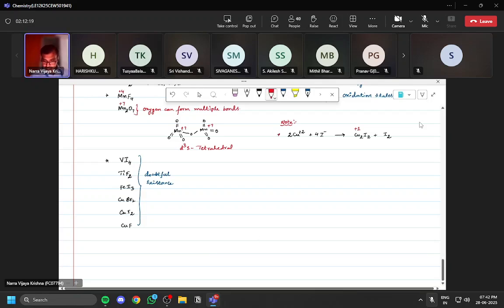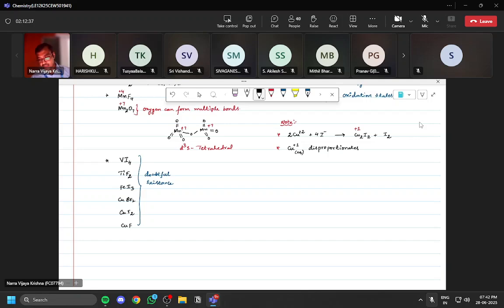Under note, another point. Copper +1 salts disproportionate in aqueous solutions. Right? Example I'm writing: 2 copper +1 aqueous gives rise to copper +2 aqueous plus copper.